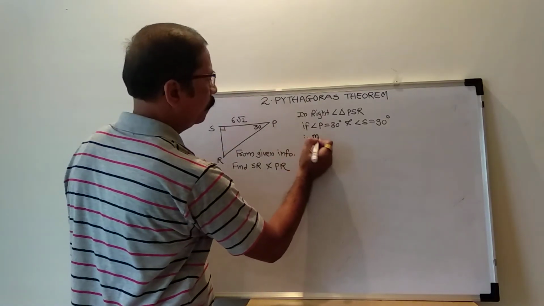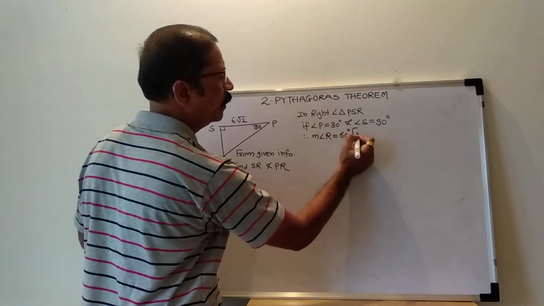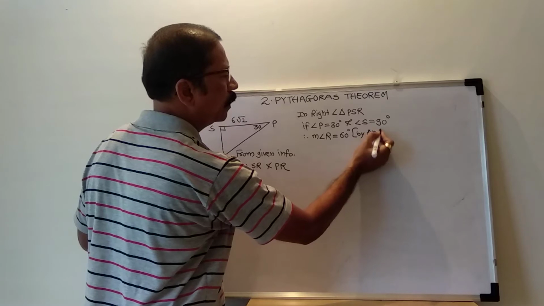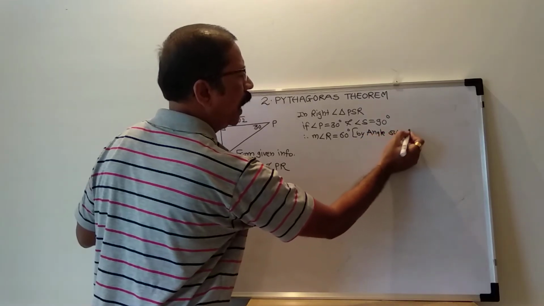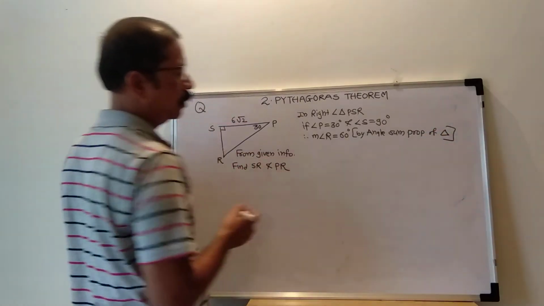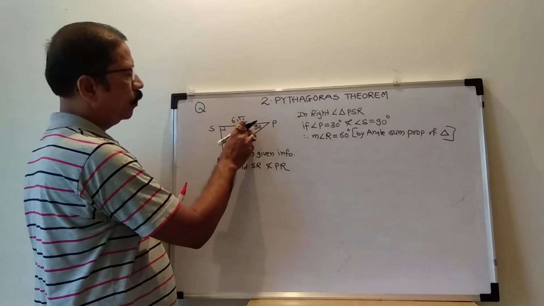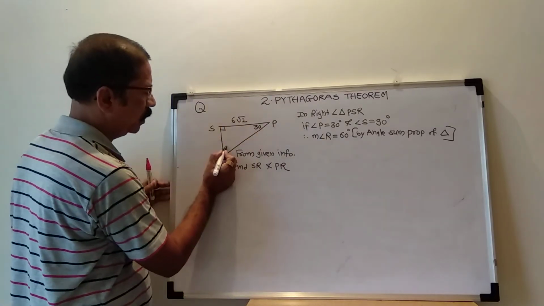Therefore you can write measure of angle R is equal to 60 degree by angle sum property of triangle. You know the sum of all three angles is 180 degree, so 90 plus 30 is 120, and the remaining angle will be 60 degree.